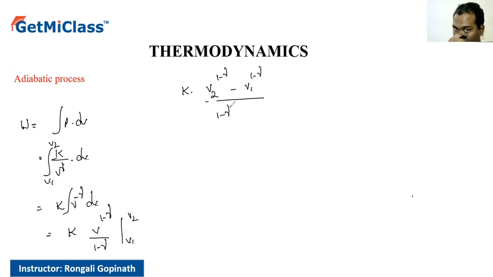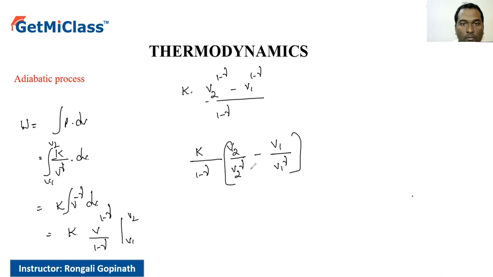gamma). Or it can also be written as K by (1 minus gamma) into V2 by V2^gamma minus V1 by V1^gamma, isn't it?